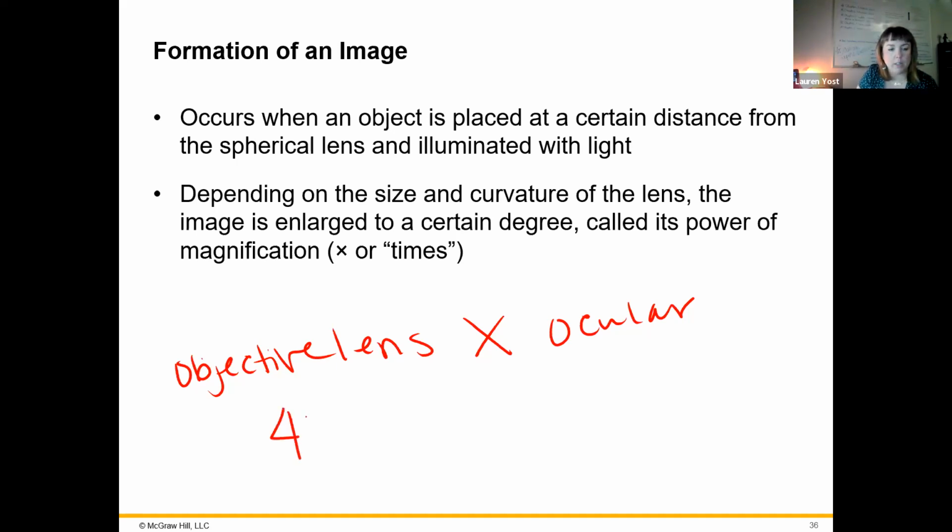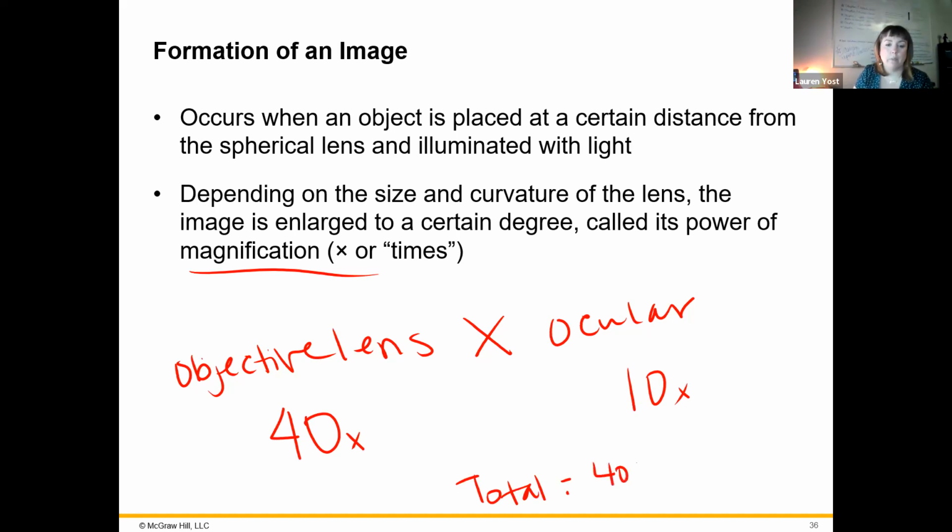So your objective lens could be like your 40x objective lens, and then your ocular lens might be a 10x. So in this case, your total magnification is multiplied, so it's going to be 400x. That's the total there. So whatever you're seeing in the image in your eyeballs, that's 400 times larger than what it really is.